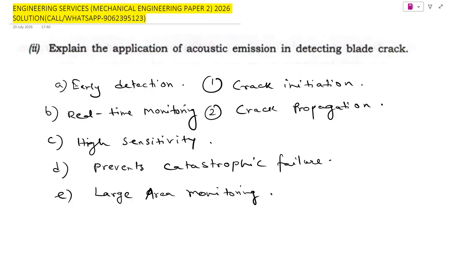Sensors mounted on the machine detect these waves and convert them into electrical signals, and the signals are analyzed to identify the location and severity of the blade damage. Okay, so AE enables continuous online monitoring, early crack detection, improved safety, reduced maintenance cost, and prevention of catastrophic blade failure. Okay.